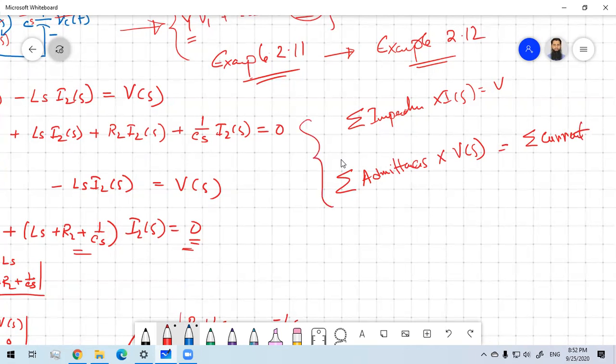So go with example 2.12. That will help clarify your previous knowledge. Just review, I'm not going into detail on that one.